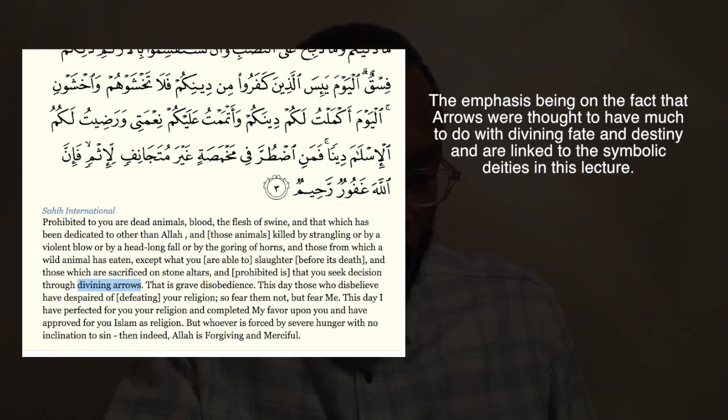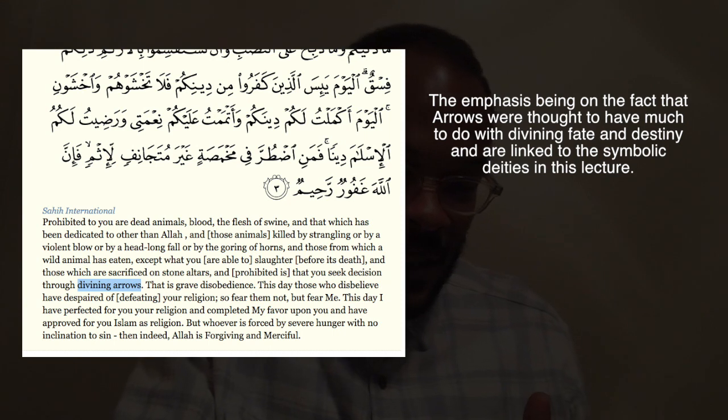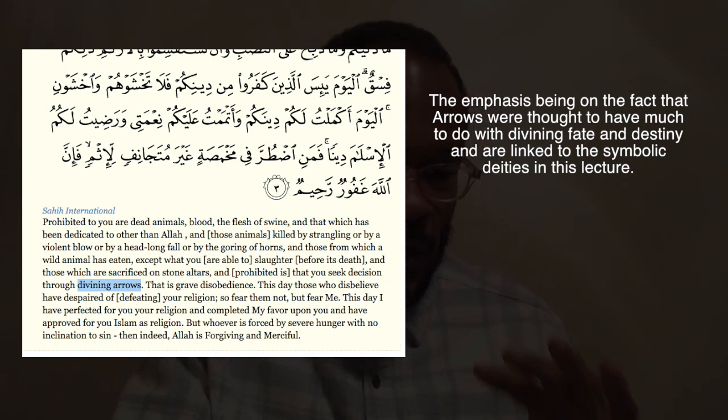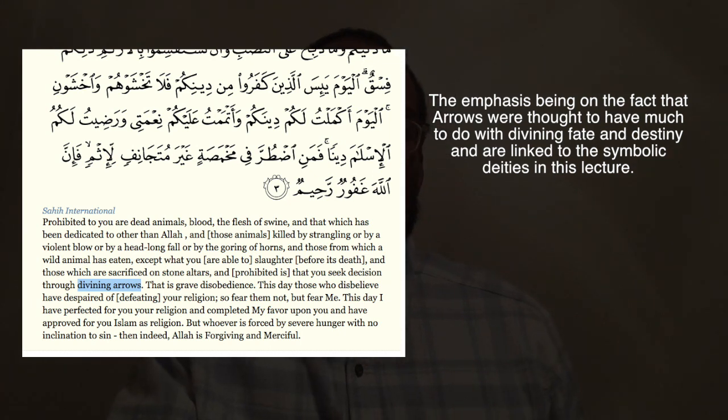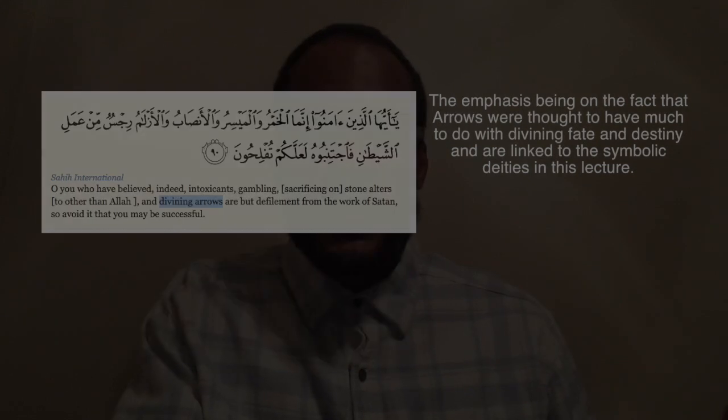All right. Now, belomancy is what they're referring to in these surahs. Belomancy is the divining of futures and fates by the use of arrows.